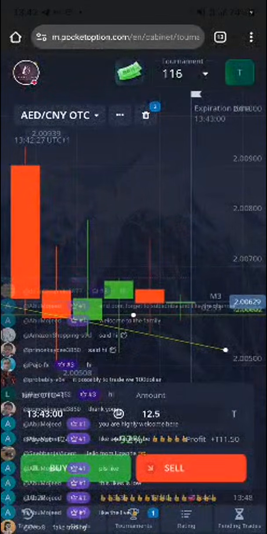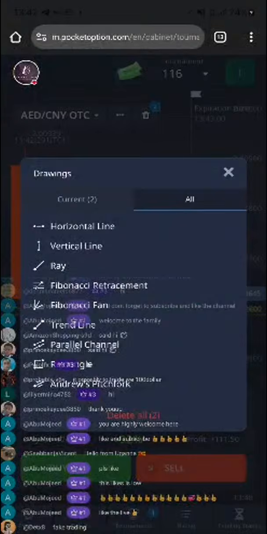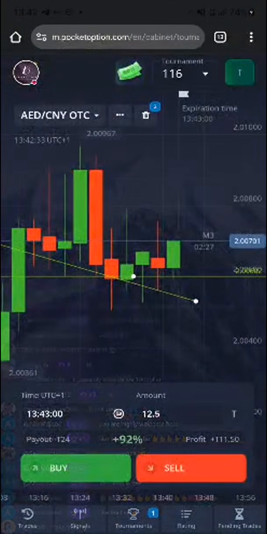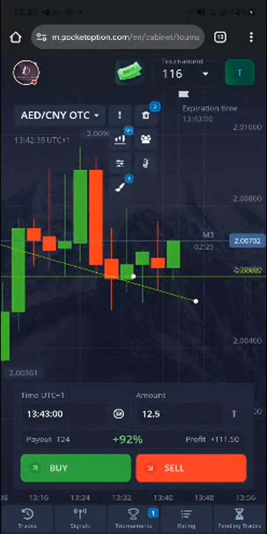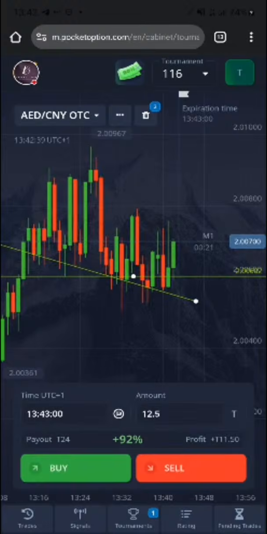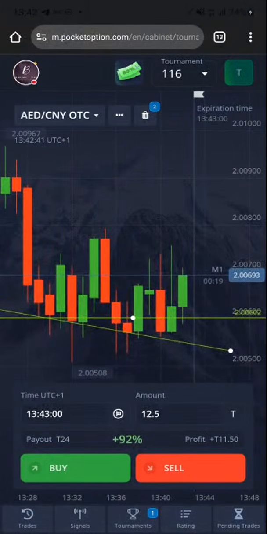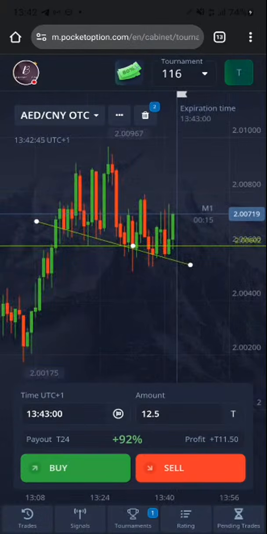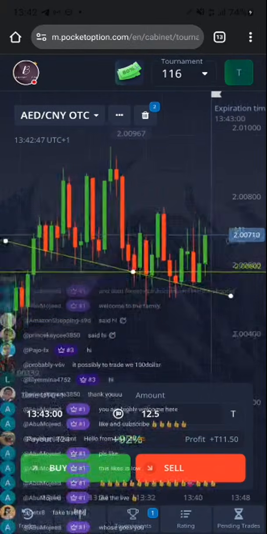Look at this. We're beginning to make higher lows over here. So over here right now, I'm expecting the buyers to push the price up. But let's go back to M1 and let's see. So we have this common point of rejection down here right now.